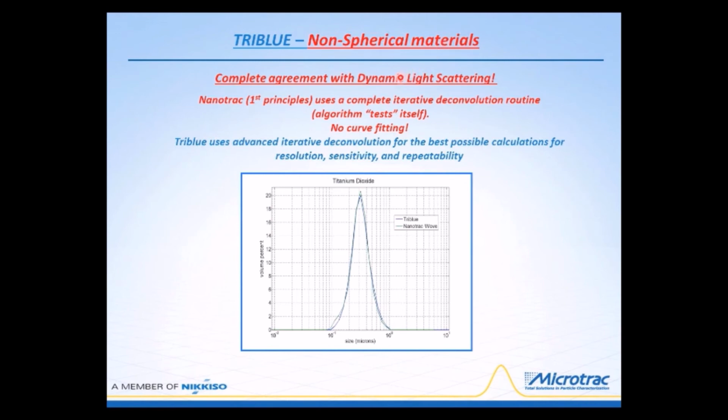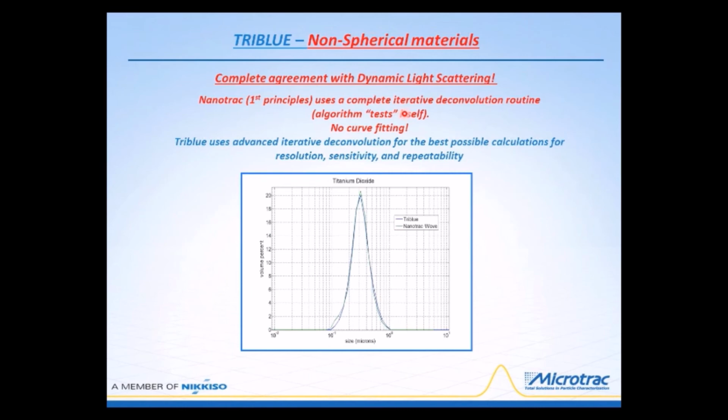Now, dynamic light scattering follows first principles, which means that we're following the closest form of light scattering that can be achieved. And in Microtrac, we use a complete iterative deconvolution routine, which means that the algorithm is testing itself to make sure it's doing its own job. It's kind of like when you're in class, you take a test, and the teacher passes it back to you and asks you to grade it yourself.